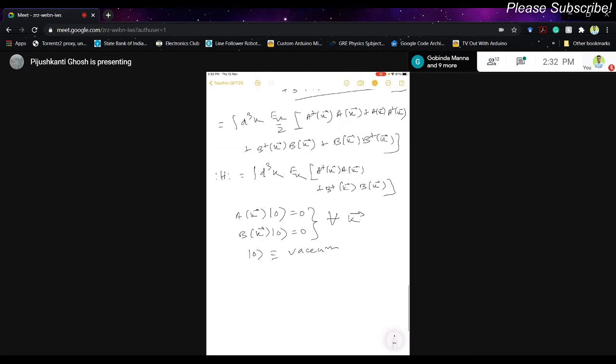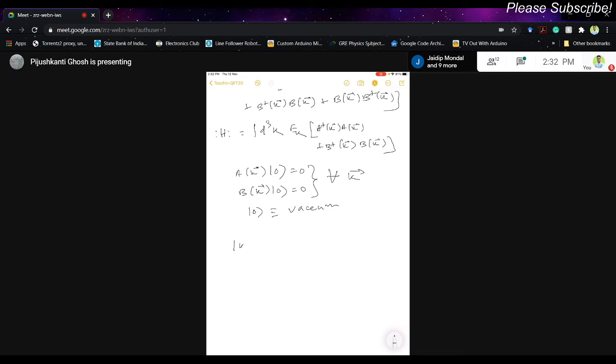How do we create states? A dagger k acting on the vacuum gives a particle, where k denotes a particle with linear momentum k, and you have to calculate the energy E_k, because you now know how to calculate it following yesterday's lecture. This is not a vector sign, okay?